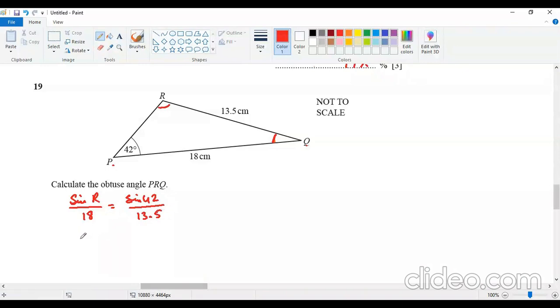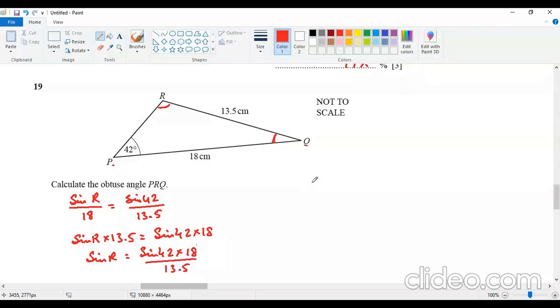Cross multiplication: sine R times 13.5 equals sine 42 times 18, and to find the value of sine R, sine R equals sine 42 times 18 divided by 13.5.